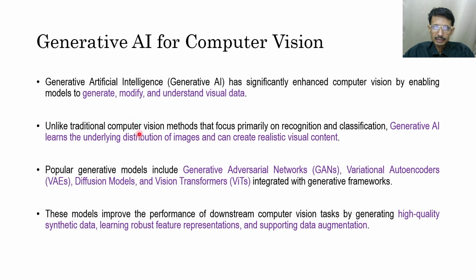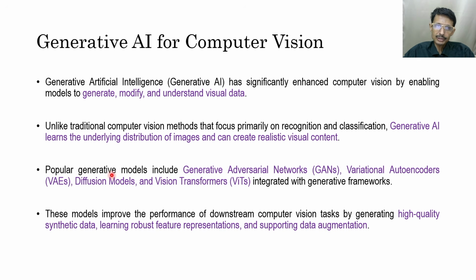Traditional computer vision methods focus primarily on recognition and classification, as we have seen earlier. But generative AI learns the underlying distribution of images and creates realistic visual content, generating information very close to a given distribution by means of some samples.